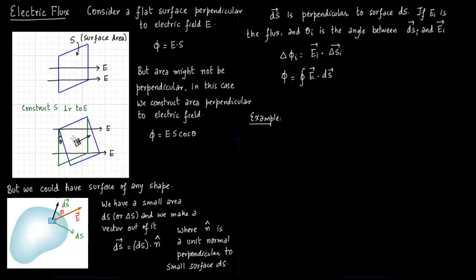Notice that if you take the magnitude of ds vector, it is same as the surface area ds. That is why we are calling it ds vector. Instead of ds, you can also write delta s vector, you're just taking a very small surface area. So now we have to take the dot product of delta S with E vector. So first we need to determine the angle between E vector and delta S vector.